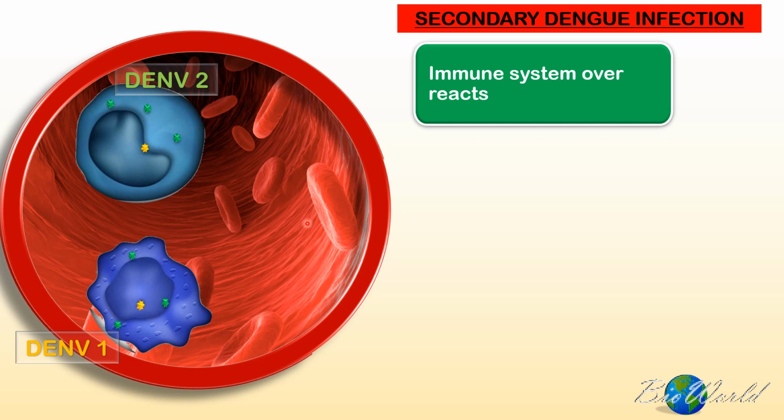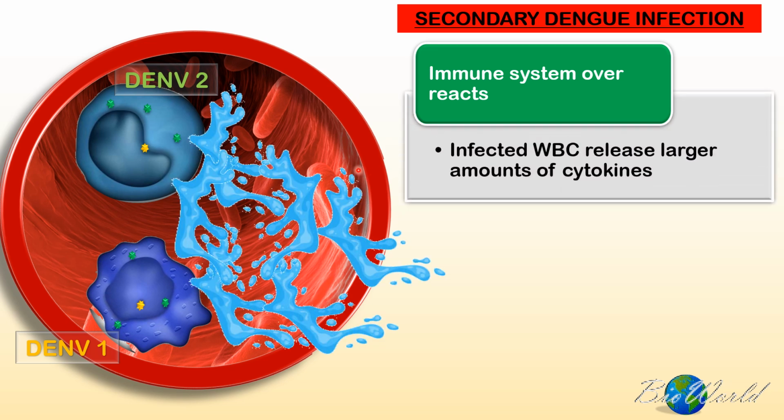What happens is our immune system will overreact because it does recognize that this is flavivirus. But because it is of a different serotype, we find that the immune system works harder. What do I mean by work harder? It produces excess cytokines. So as you know, small amounts of cytokines already make the blood vessel fragile.